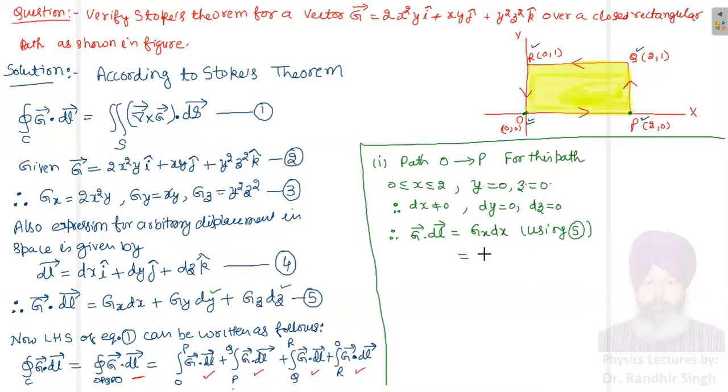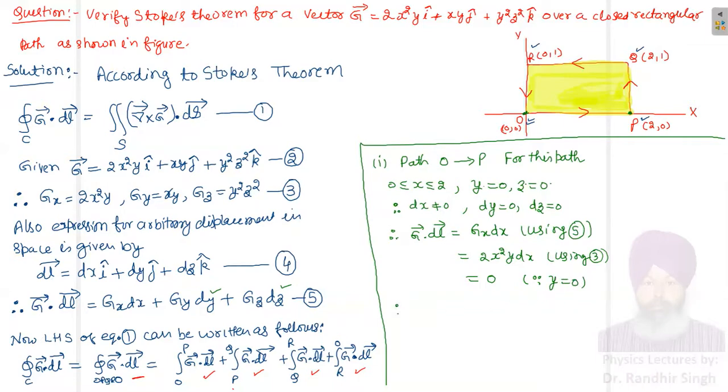It will become 2x square y dx. Here I have used equation number 3, but y is 0, so it will be 0.